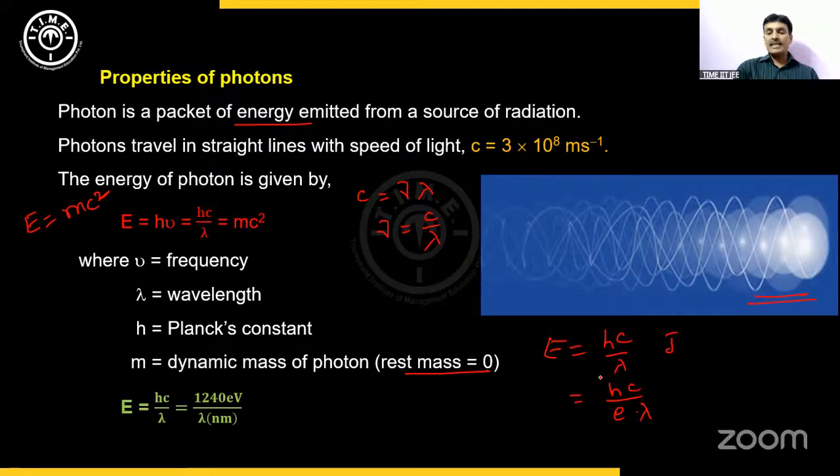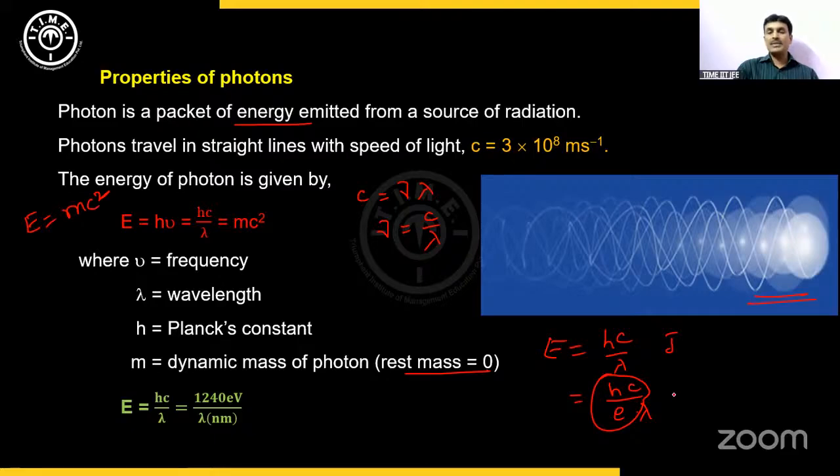Here, except lambda, the remaining 3 are constants. h is Planck's constant, which is 6.625 into 10 power minus 34 joule second in SI unit. c is the speed of light, which is 3 into 10 power 8 meter per second. And e, the charge of the electron, is 1.6 into 10 power minus 19 coulomb.